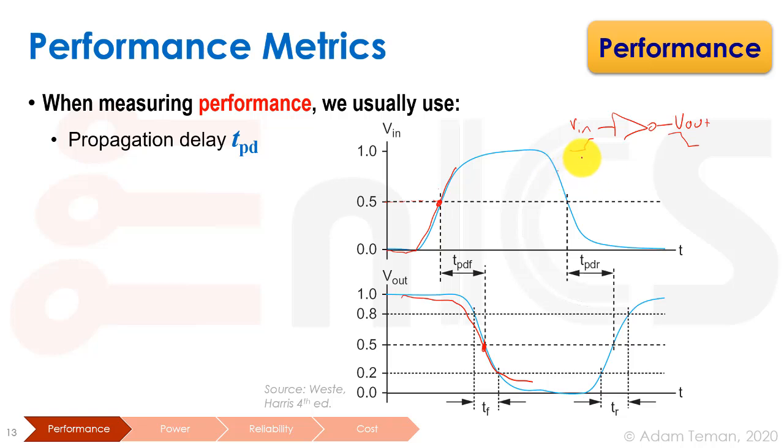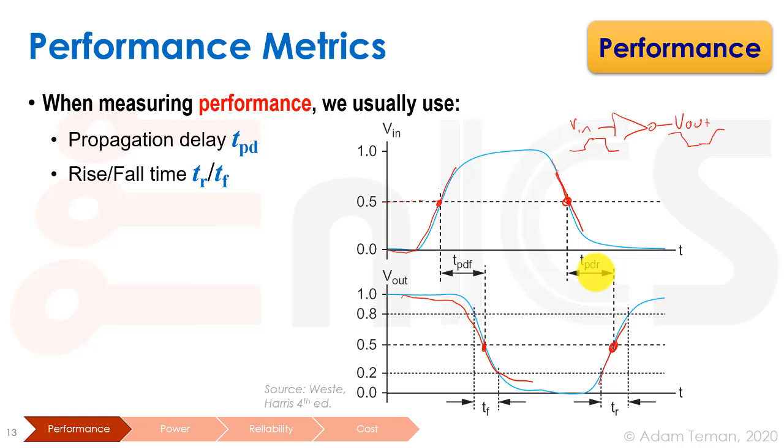Similarly, if the input falls, then until the output rises on an inverting gate, the input is falling once it hits 50% VDD until the output rises 50%, and that gives our TPLH, or low to high transition. So again, TPD, or propagation delay, is between the input voltage and the output voltage. It's a differential type of definition.